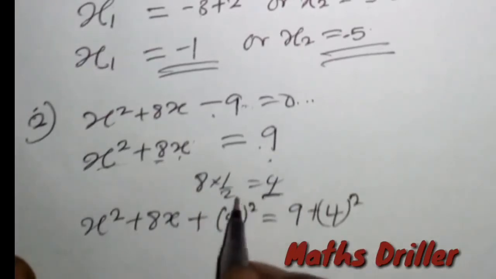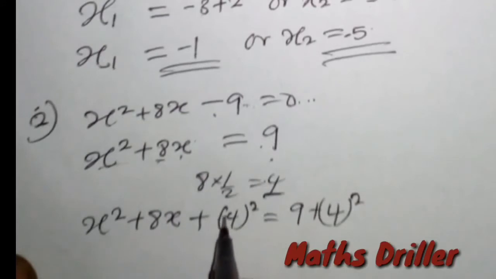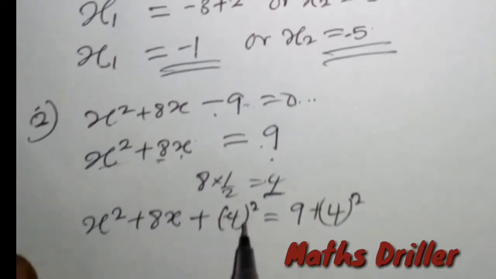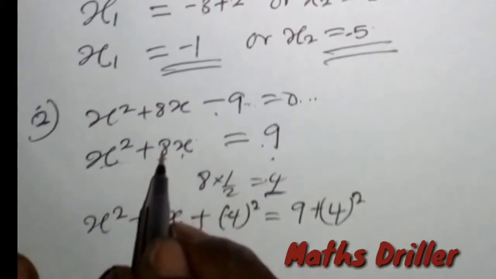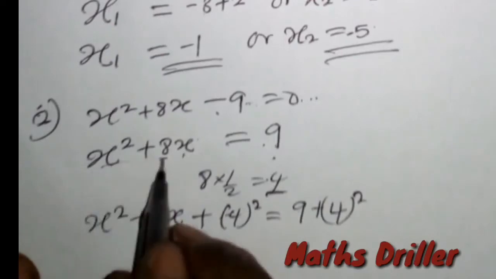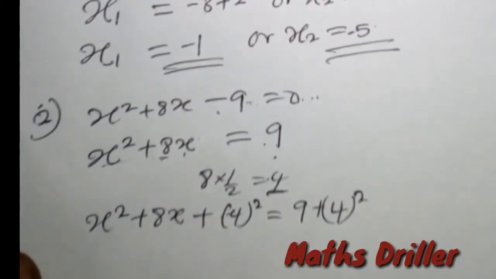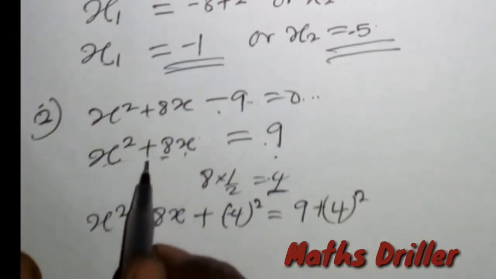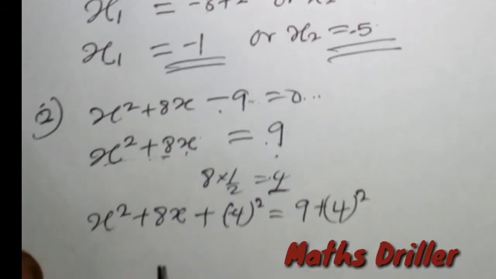There may be a case whereby this 4 is negative, therefore it is important to put minus 4 inside the bracket, meaning that if this expression is x squared minus 8x. But you shouldn't be confused. Now we don't have minus, therefore we can just write it in this form.